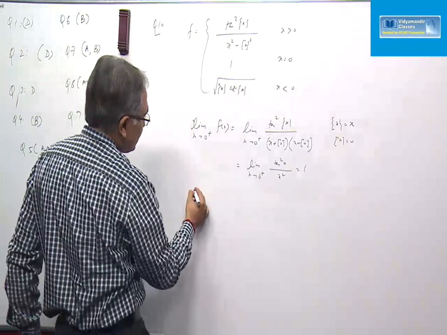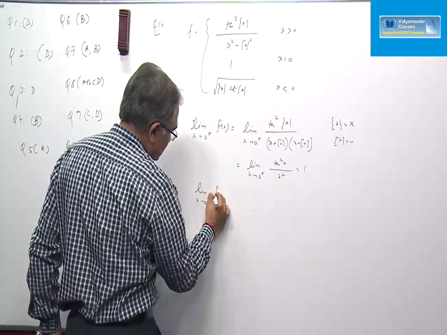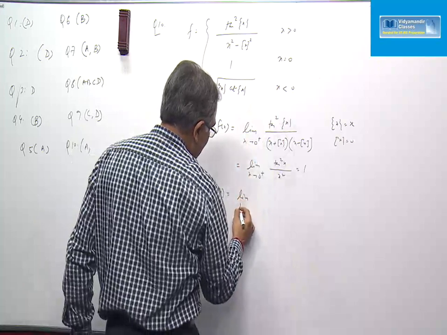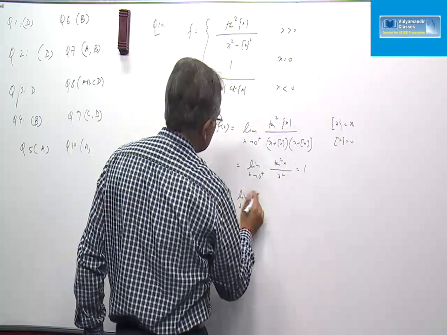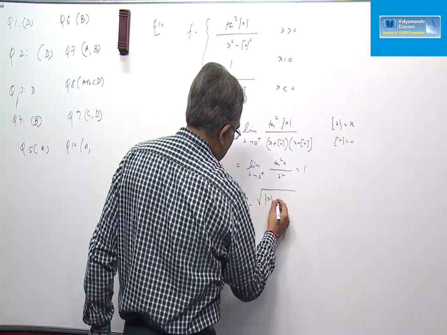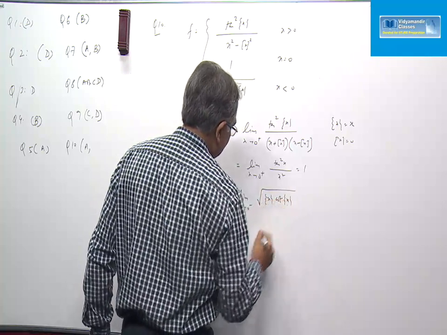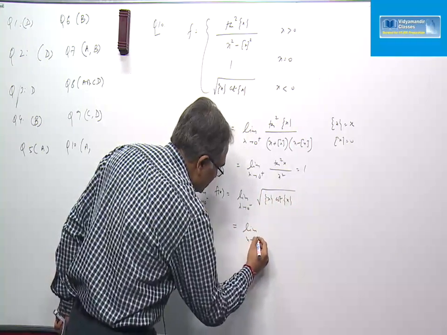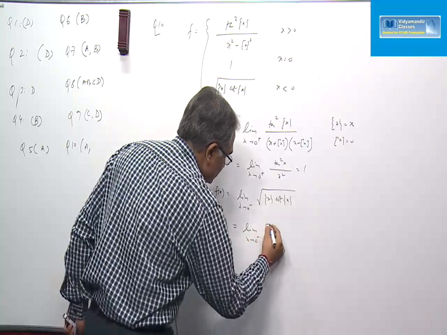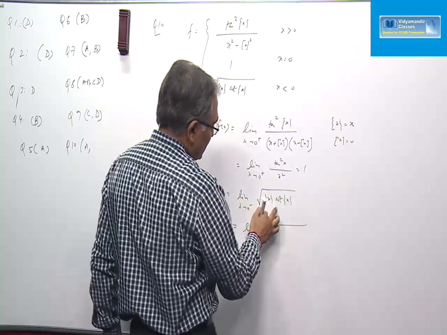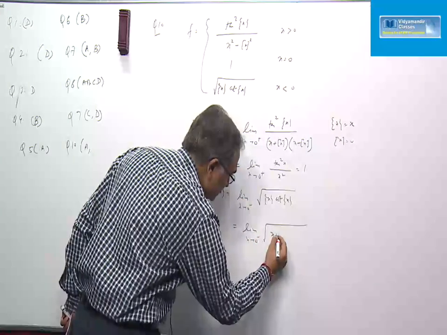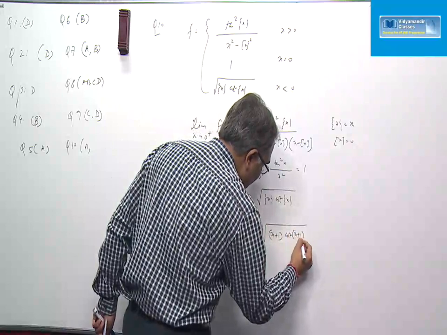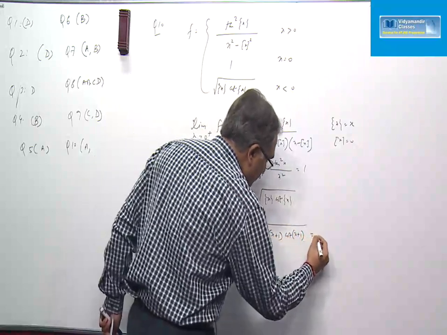Similarly, limit x approaches 0 minus of f(x) is this one, that is limit x approaches 0 minus of under root of fractional x times cot fractional x, which is limit x approaches 0 minus of, it is x minus minus 1, that is x plus 1, cot of x plus 1, and x is nearly 0, it is root of cot 1.